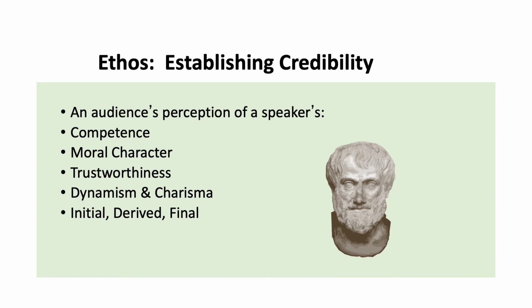Those are all ways to gain credibility back. So never panic if something goes wrong. Take a breath, keep going, and then rev it up, right? Get back in with the energy and act confident even though you don't feel like it, so you can reestablish that credibility. It doesn't mean that it's over. Okay, so that is ethos, credibility.